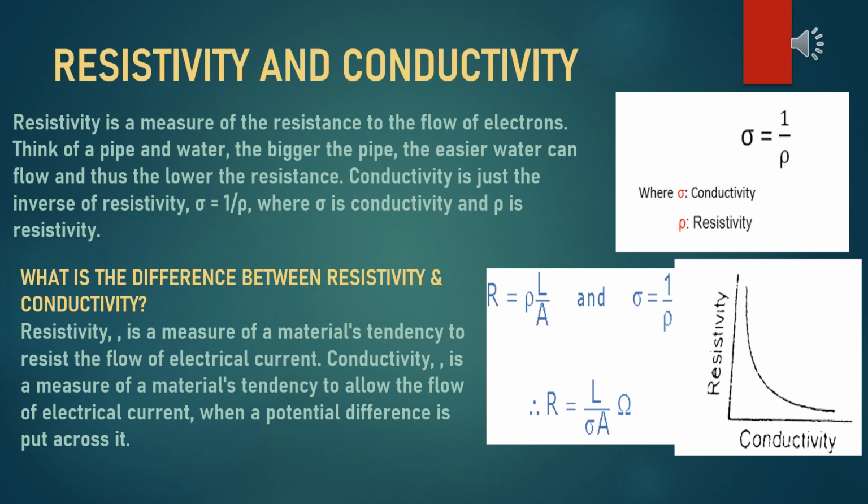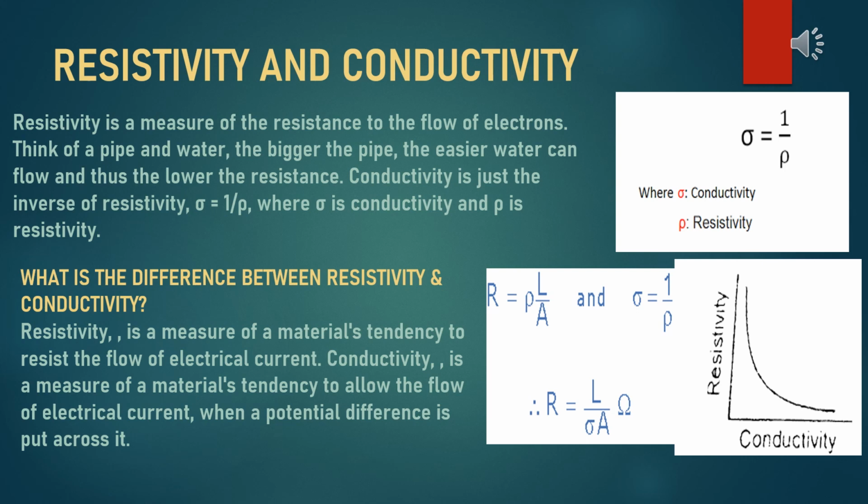The reciprocal of resistivity is conductivity. Its SI unit is ohm inverse meter inverse, that means 1 by ohm meter. The reciprocal of ohm is called mho. When you write ohm, spelling OHM, just read it from the opposite, it will come MHO, mho, or Siemen, that is capital S. So, SI unit of conductivity is Siemen meter inverse, or capital S meter inverse.